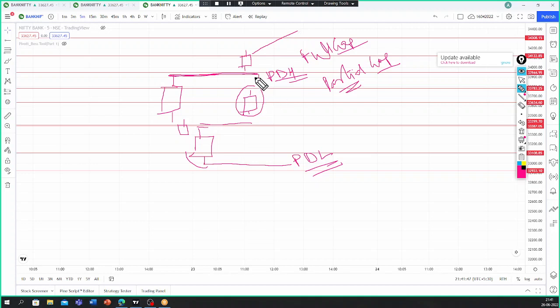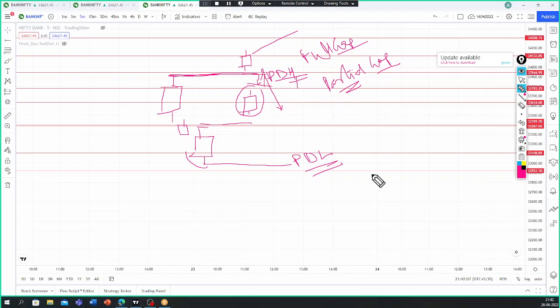You have a resistance on the top. It may come to PDH. It may give a quick breakout and come back down. Or if you have to do gap up trading on the upside, you have to wait for this to make a range here and then shoot out.